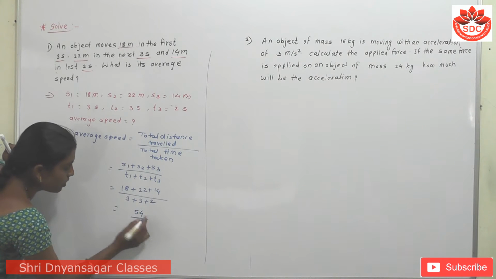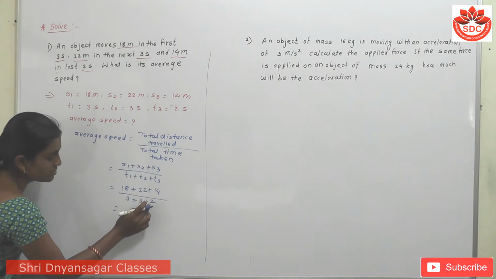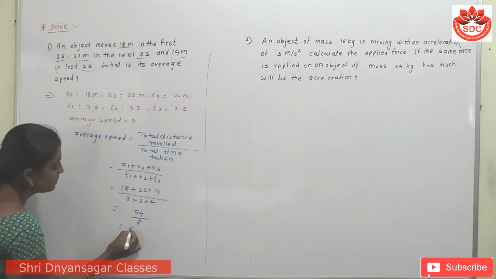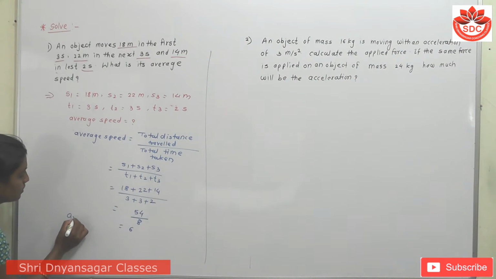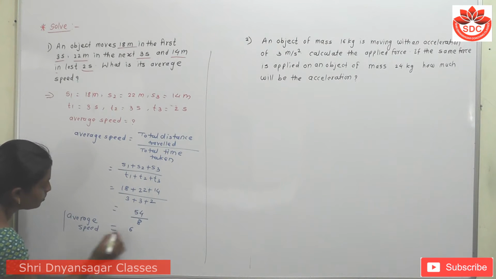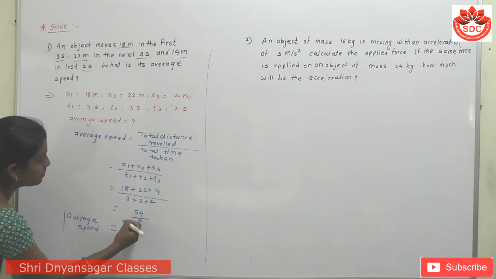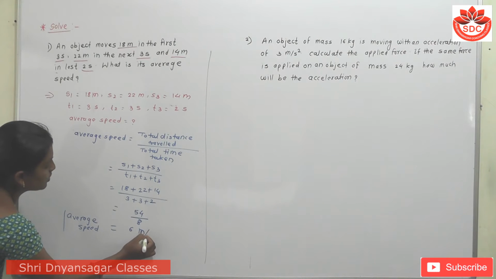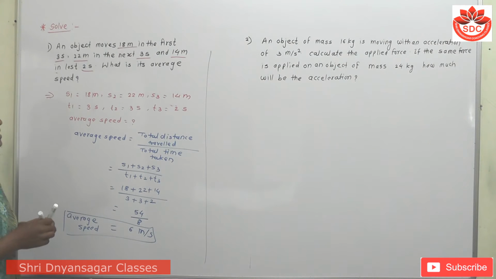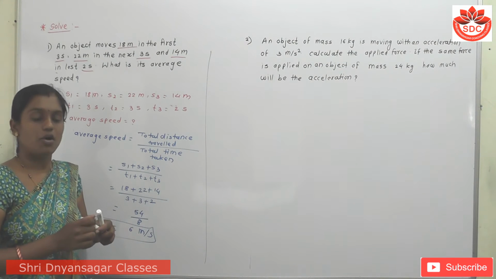So 54 upon 3 plus 3, 6, 7, 8. 8 6s are 54. So 8 6s are 54. Therefore average speed is equal to किती आलाय तो 6. We have to write it a unit that is meters per second. So this is the answer, that is 6 meters per second is the average speed of that object.